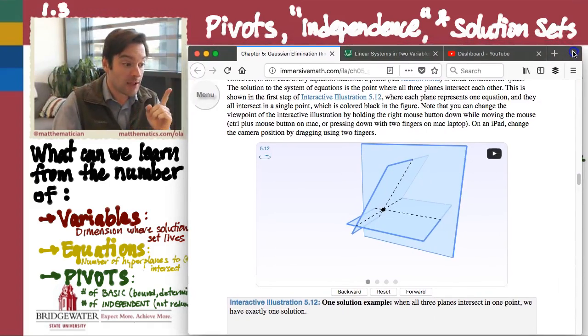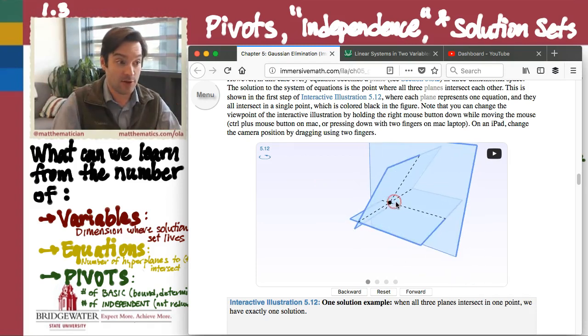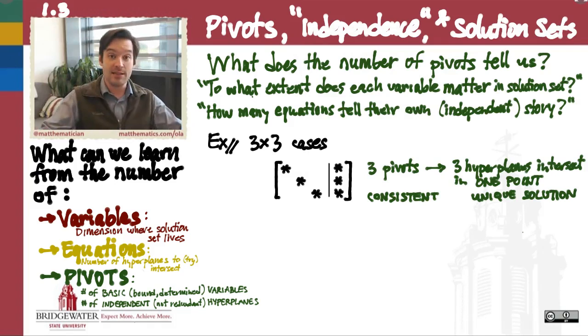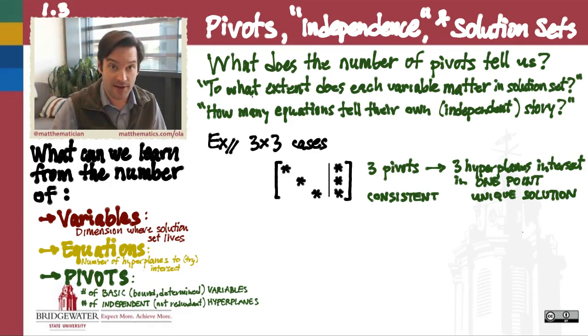There is one and only one point at which all 3 of these planes come together and intersect. And so that's, in a sense, what we might think of as the ideal situation for a 3x3 system. The ideal situation is one in which we have a unique solution, that there's only a single x, y, and z which satisfy all 3 of our equations simultaneously. And when we have 3 pivots in a 3x3 system, that's what happens.